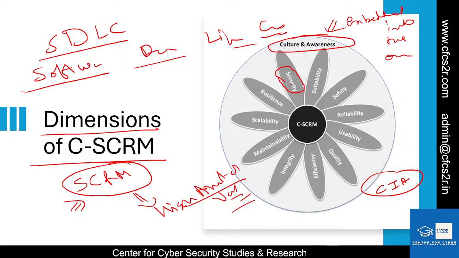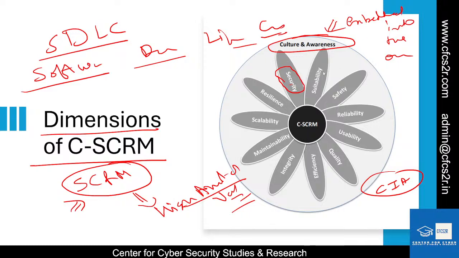The security part describes how the supply chain is going to impact confidentiality and integrity. Because when we talk about supply chain, there is a lot of information about products and services, sometimes logical, sometimes physical, so a lot of things need to be taken care of. So security is to ensure the CIA of the product.